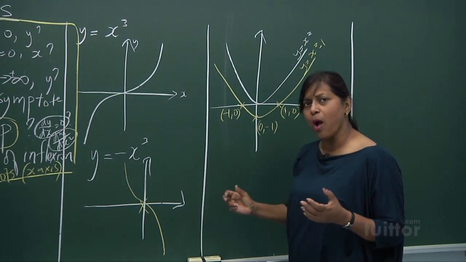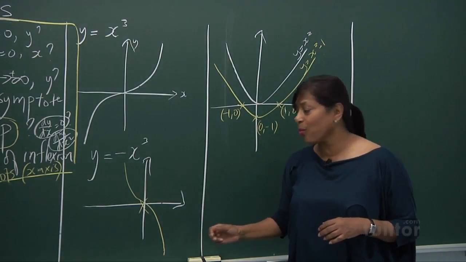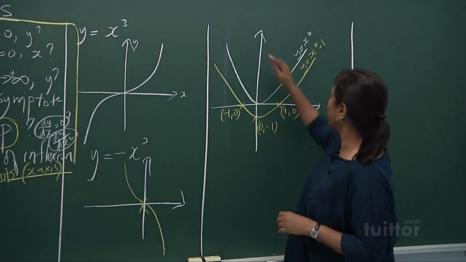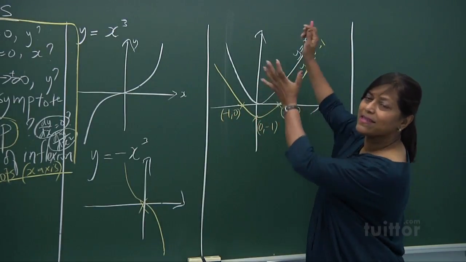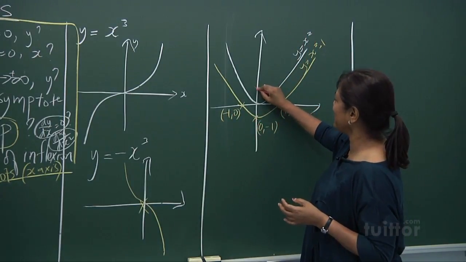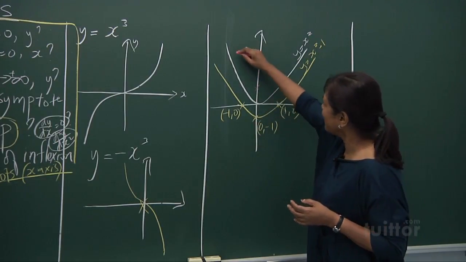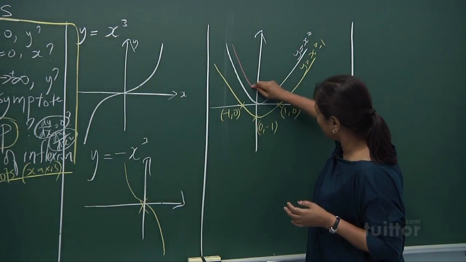Now what about y equals to x squared plus 1? Well, we move the graph of x squared one step up. So when x is 0, y is 1. So look at this graph.